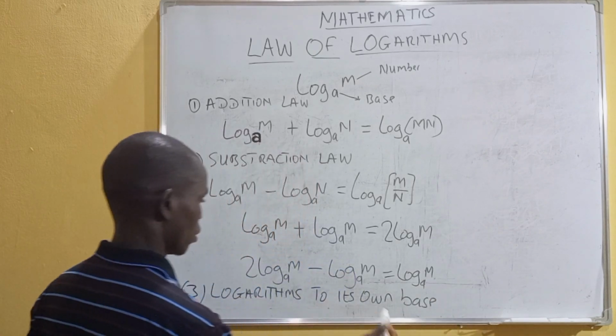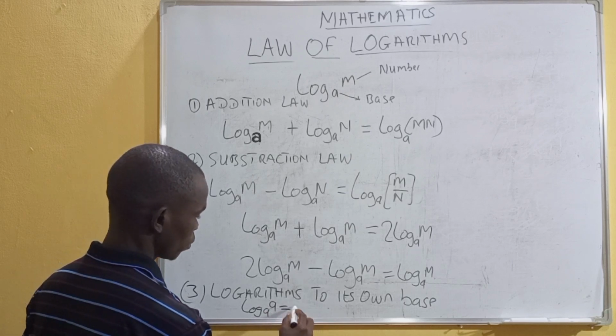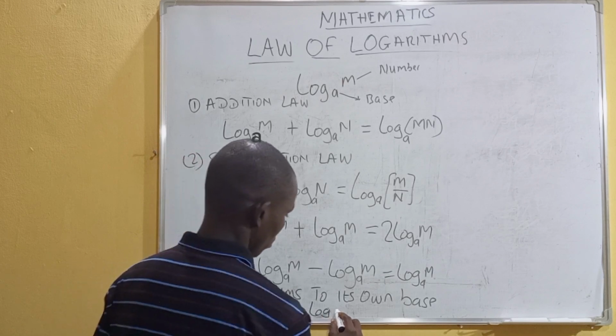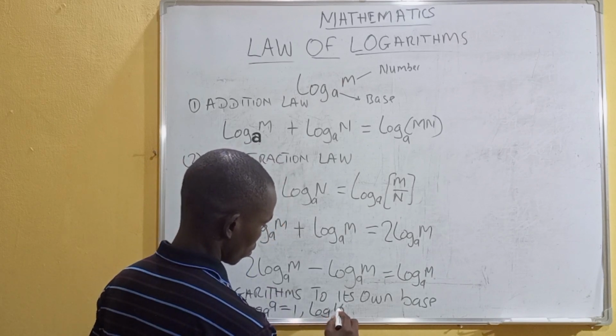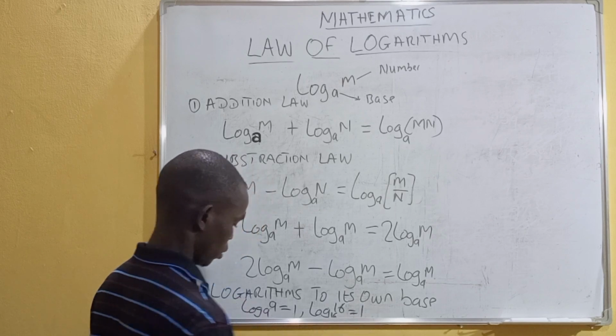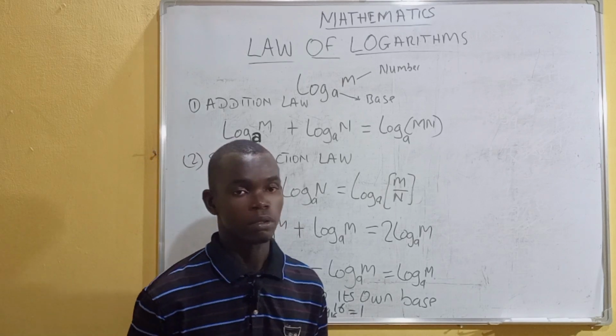Let's say log a with a base a will give you 1, or log 16 with a base 16 will give you 1. This is the third law of logarithm.